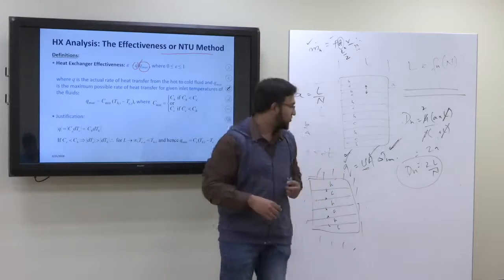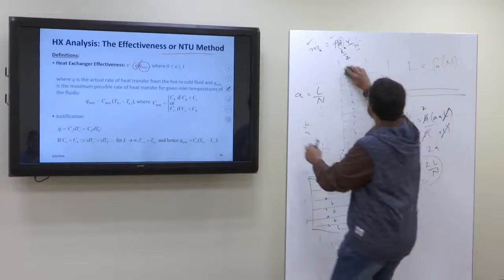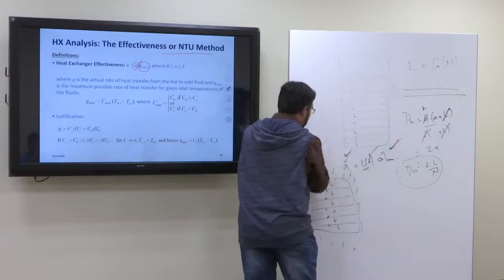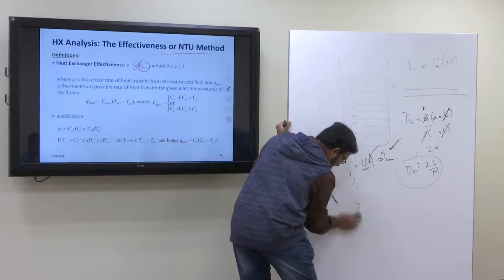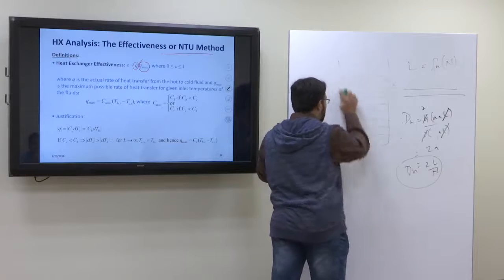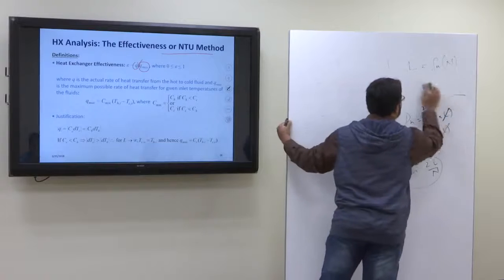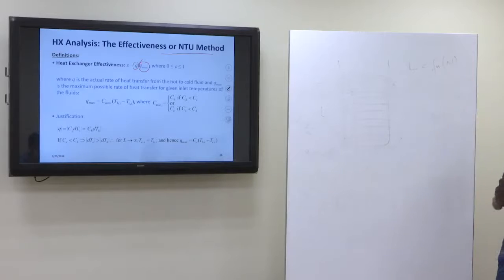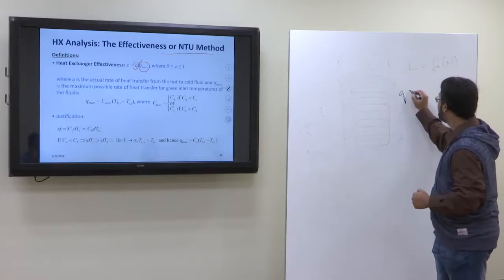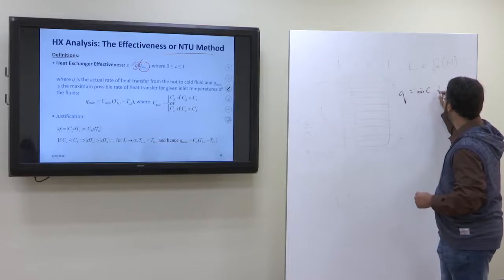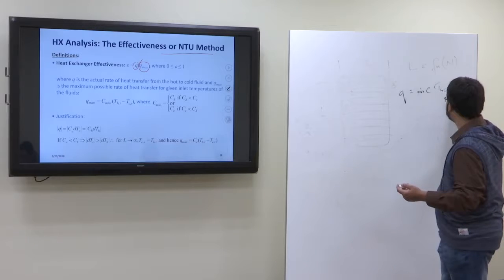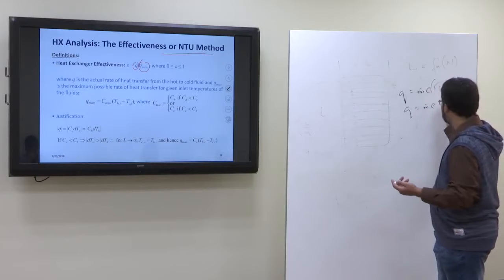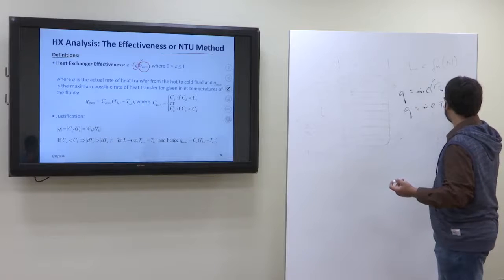Now how much is the heat transfer going through? It's Q. Q is equal to m dot C delta T, which is T hot inlet minus T hot outlet, or Q is equal to m dot C delta T, which is T cold outlet minus T cold inlet.